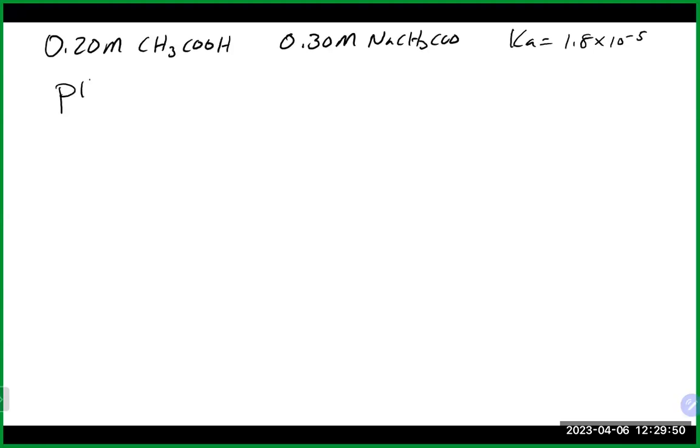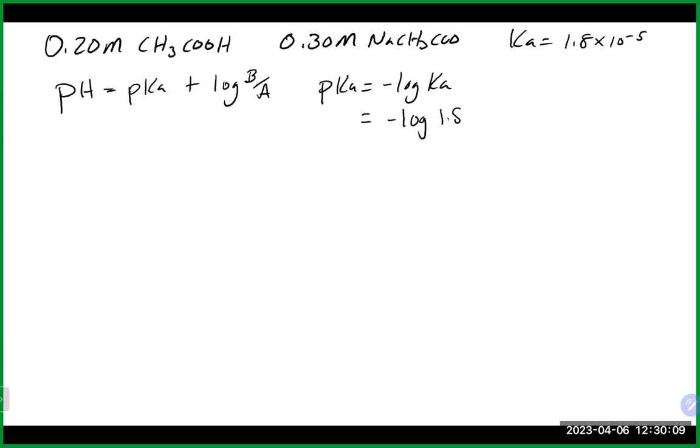We could use the Henderson-Hasselbalch, which is pH is equal to the pKa plus the log of the base over the acid, the pKa being minus the log of the Ka value. So if we did that, we would find the pKa value by taking minus the log, in this case, of 1.8 times 10 to the minus 5, which is 4.74.